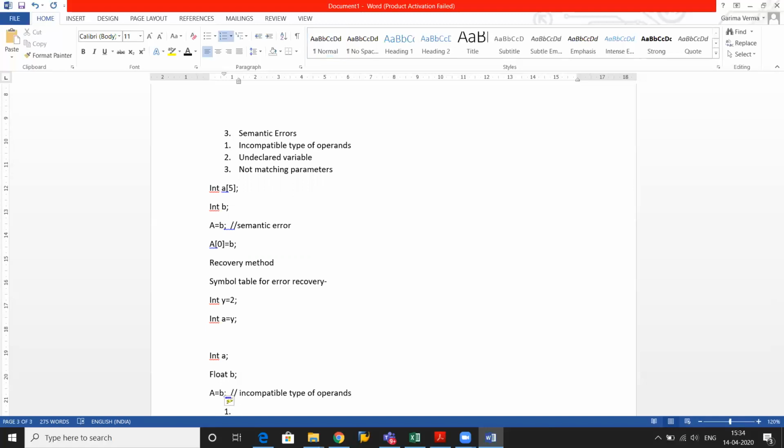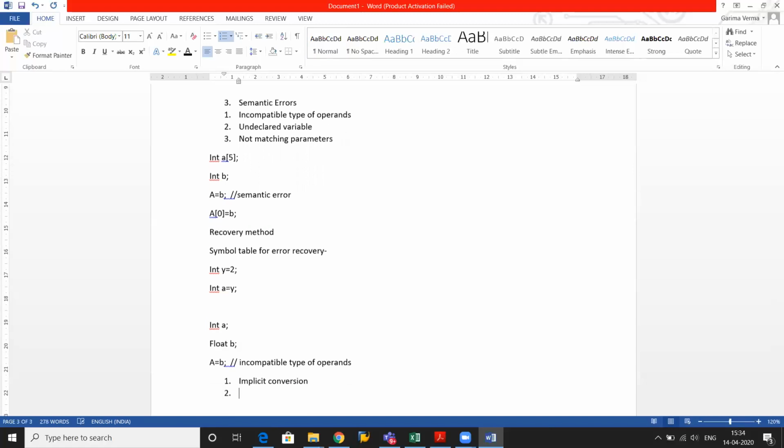If your language supports implicit type conversion, then automatically the float will be assigned to the integer and the value will be rounded off. Whatever loss of value has to happen will happen, because if you assign 4 bytes into 2 bytes, there will be some loss, right? So whatever loss has to happen will happen, and your value will be automatically assigned into the integer variable. And the second method can be explicit conversion. So what you can do is rewrite this particular statement in the next phase.